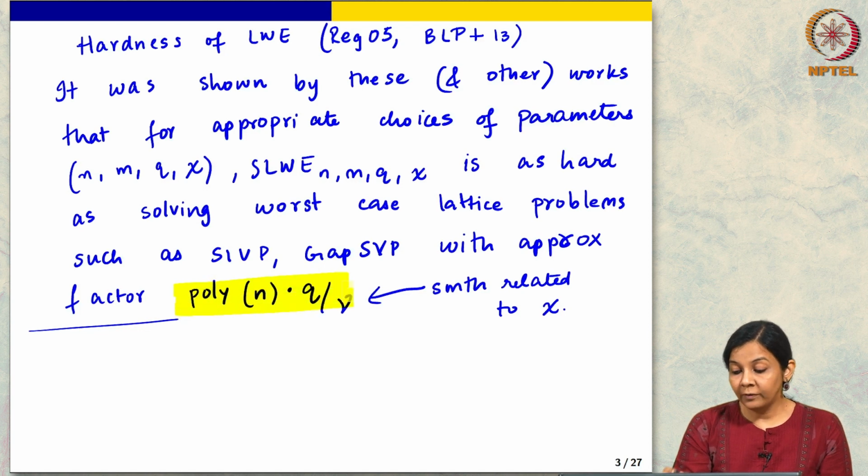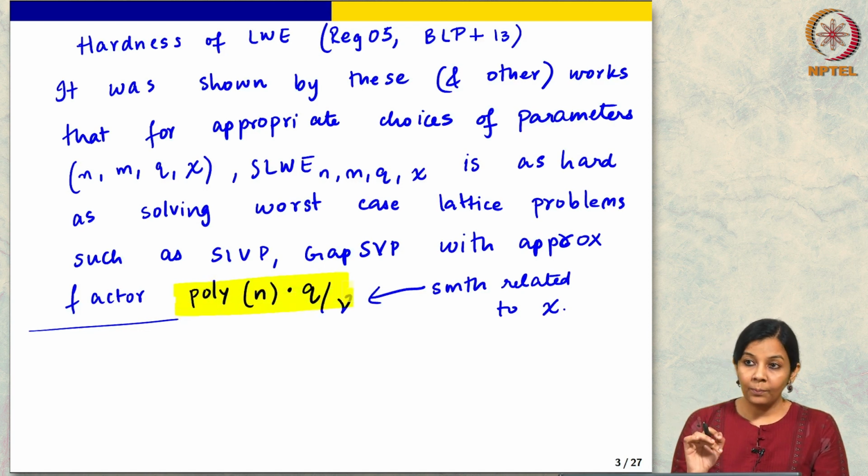Here I should mention that we really are using the approximate version of these underlying problems. If you remember how we defined this shortest vector problem and so on, we had approximate versions where even if you can't get the exact solution, if you can get it up to some approximation, that is still useful.